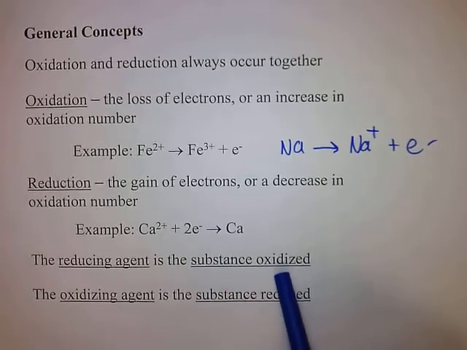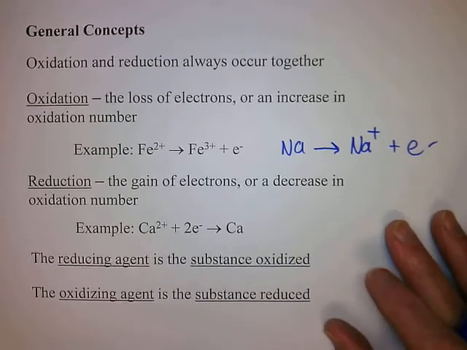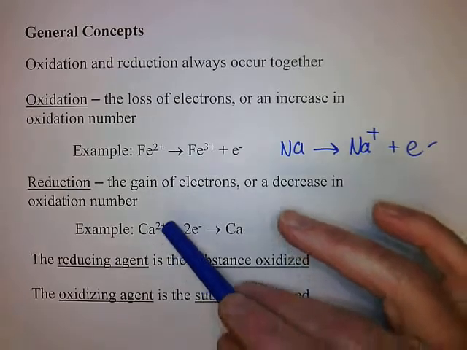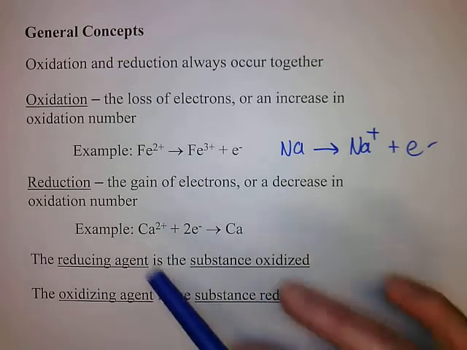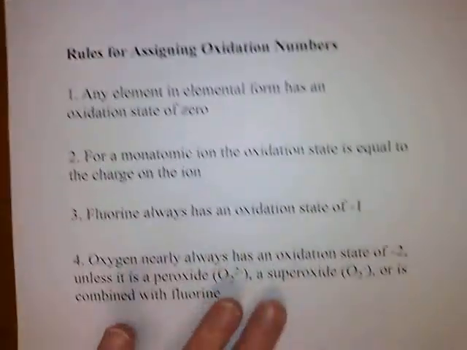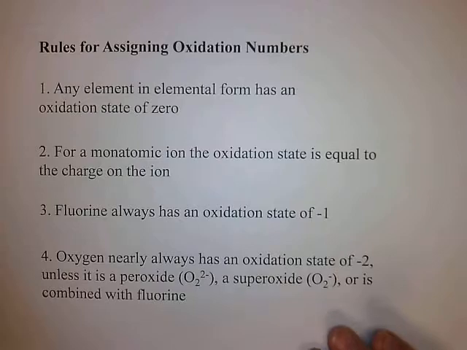So the substance that's oxidized is what allows the reduction to take place, because as the substance is oxidized, the electrons are given up and they're consumed by the reduction. And the oxidizing agent is the substance that is reduced. Okay? So let's talk about some rules for assigning oxidation number.